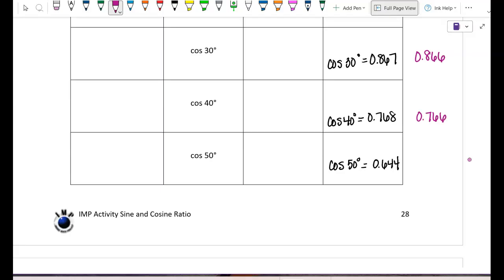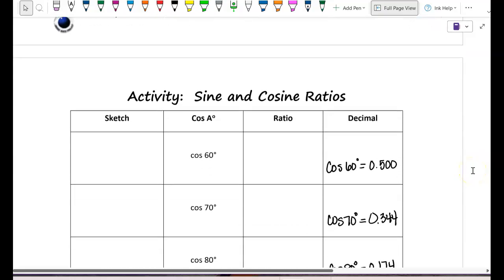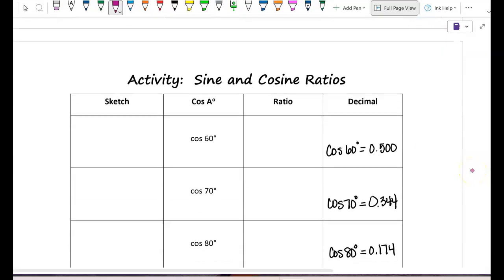The cosine of 50, 0.643. The cosine of 60, 0.500. The cosine of 70, 0.342. And the cosine of 80, 0.174. So again, those are the actual calculator values versus your ratios, which again are all very, very close to the actual values.